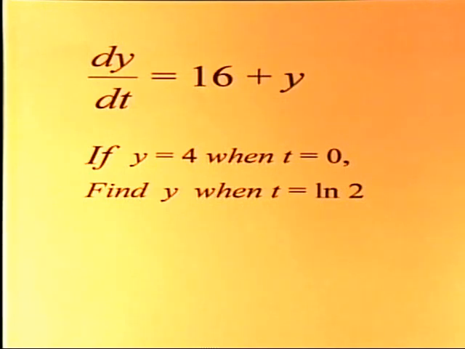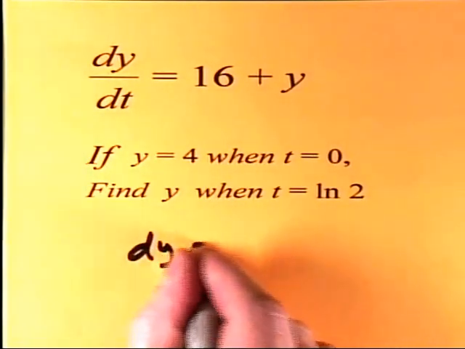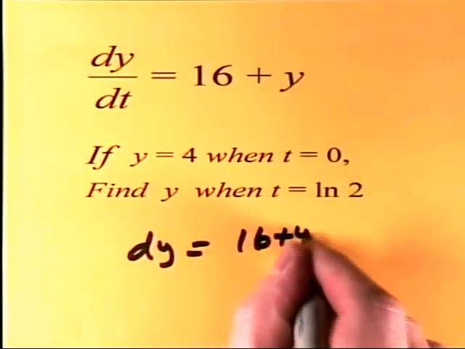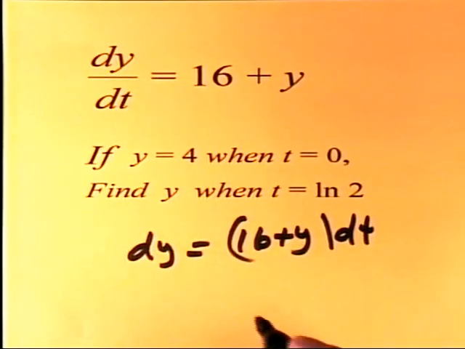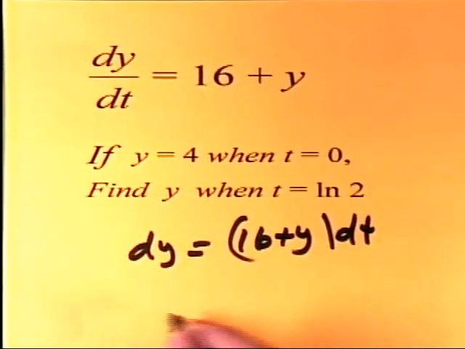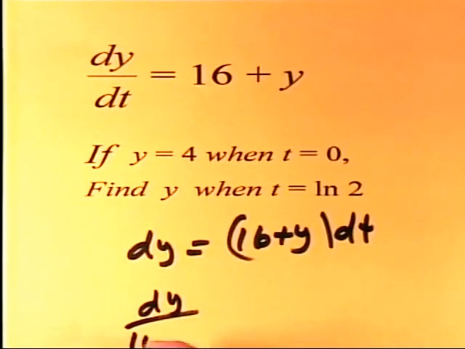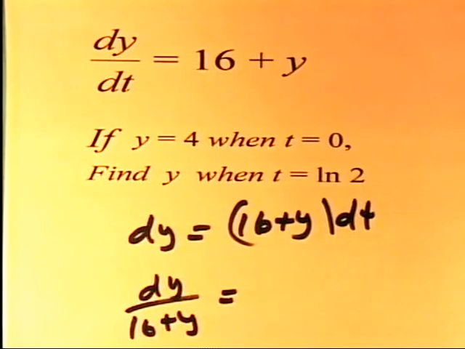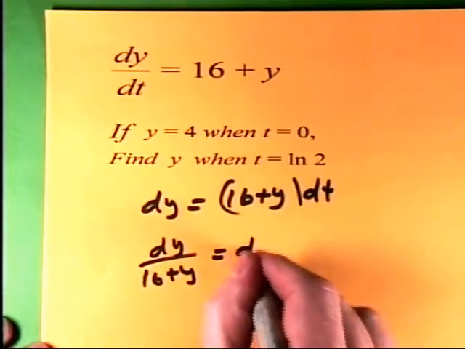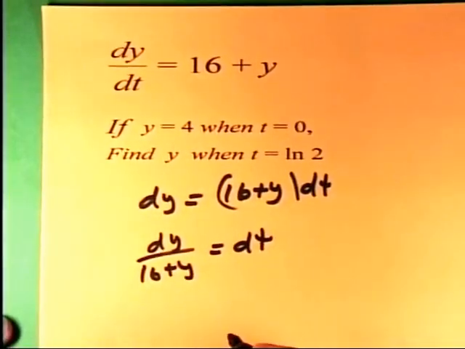Multiply both sides by dt. dy is equal to 16 plus y times dt. And then divide both sides by 16 plus y. Okay, now what do I do?